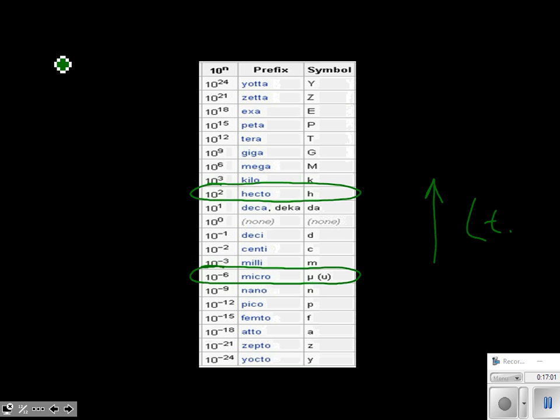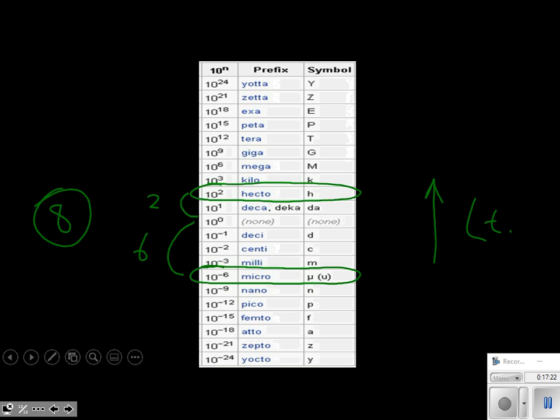Now, the key point here is I have 6 jumps to get to 0, and then to get back to here, I have 2 more. So that is 8 total jumps that I'm making to the left. I want to make sure we have that: we go 6 to get to the 0, and then another couple too.